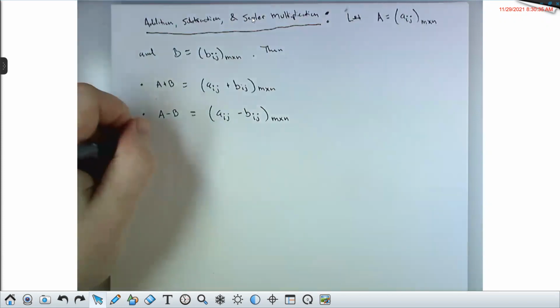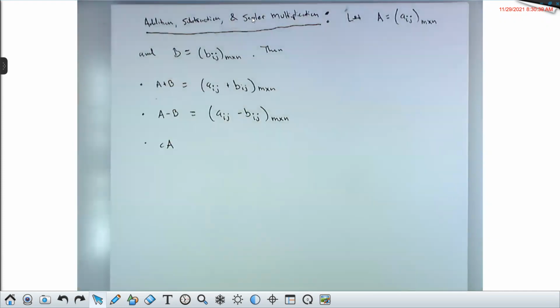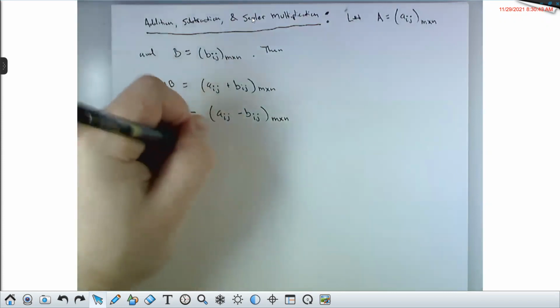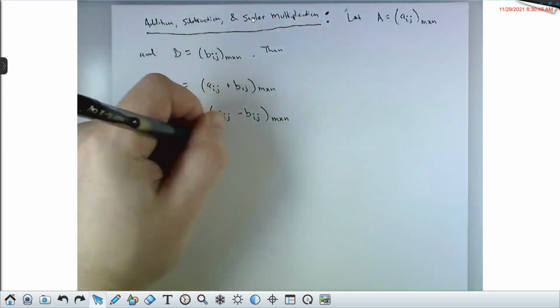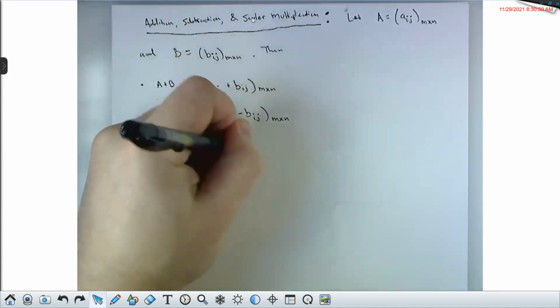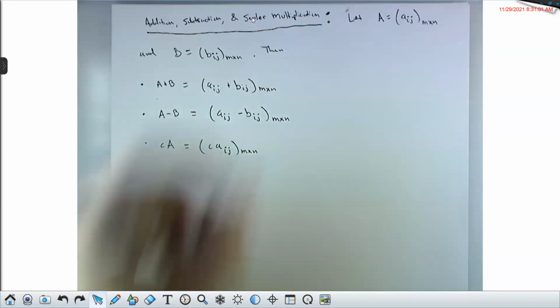And the scalar product, C times A, where C is just a constant, will be another m by n matrix whose entries are the entries of A, just all multiplied by that number C. I'm going to annotate each of these with some words that make them a little easier to understand. This means you just add the entries.